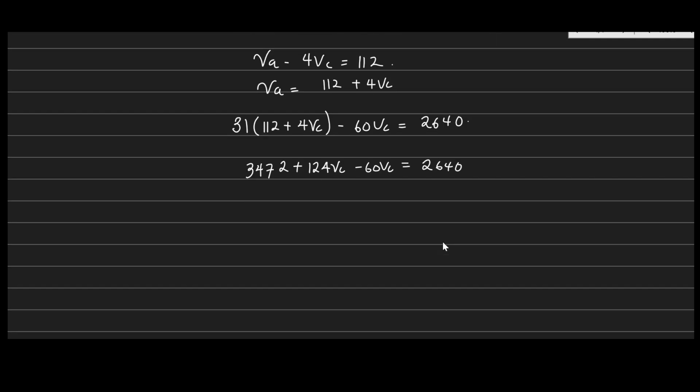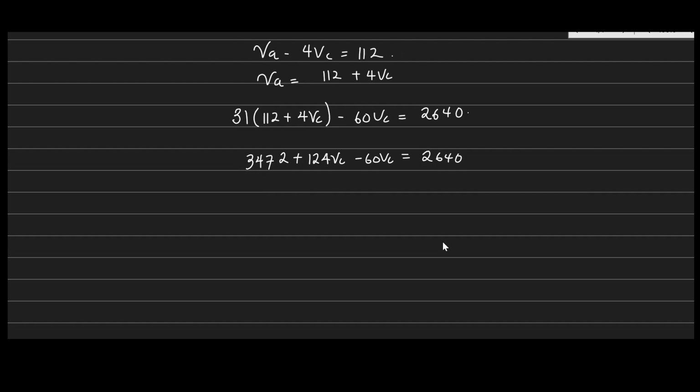Okay, and then let us simplify again. 124 minus 60, you have 64VC, right? So this 64VC equal to, so this minus that, 2640 minus 3472, that's negative 832, right?